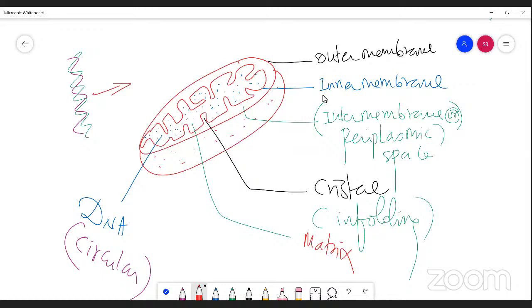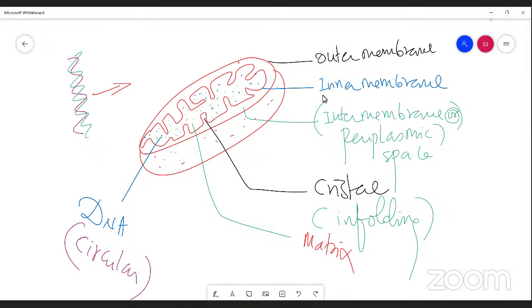The presence of circular DNA is needed for the study of evolutionary sequences, and it is also essential to track evolutionary sequences from one organism to another. Understand? So this is very important.